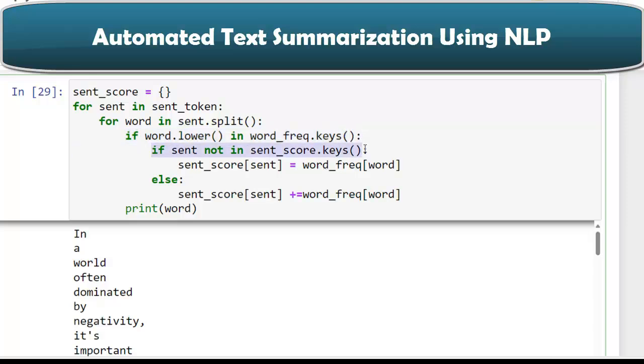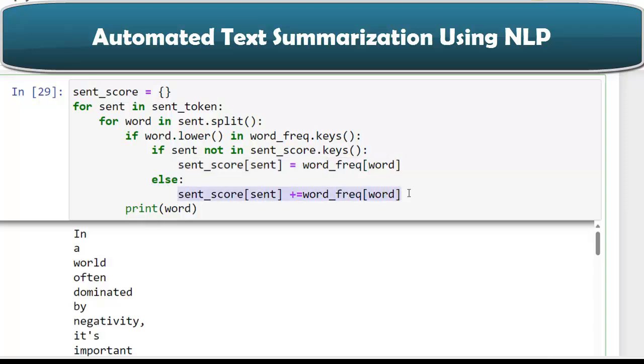Now next, if statement: if sent not in sent_score.keys, this condition checks if the current sentence is already in the sent_score dictionary as a key. Then it will execute this statement. So if the sentence is not in the sent_score dictionary, this line creates a new entry in the dictionary with the sentence as the key and assigns the frequency of the word as its score.